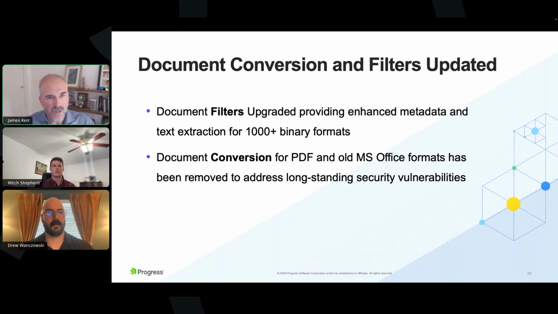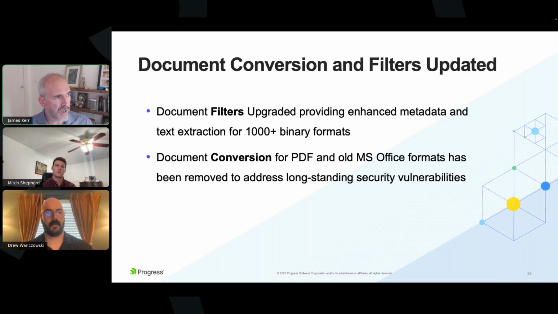Document filters and conversion. So document filters have been upgraded to provide enhanced support for metadata and text extraction for over 1,000 binary formats. So we're just continuing to modernize that capability. The one note is that the document conversion for the legacy Microsoft Office formats, so these are the Office formats, Office 2007 and older, the document conversion capability has been removed.